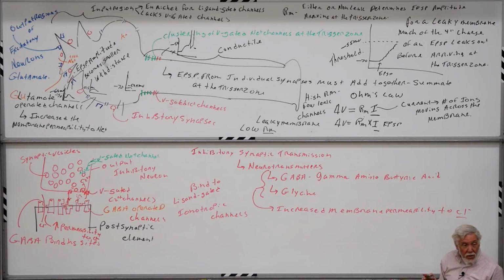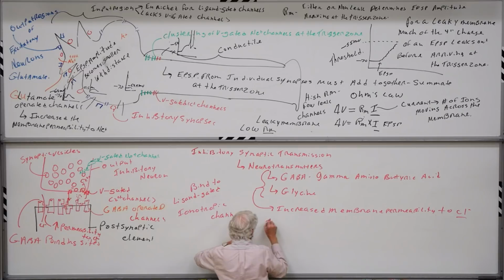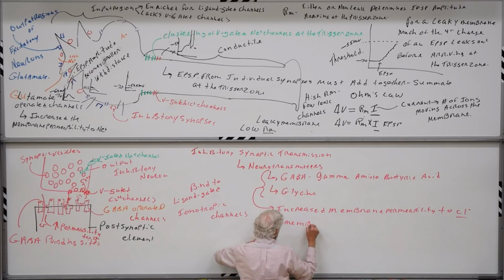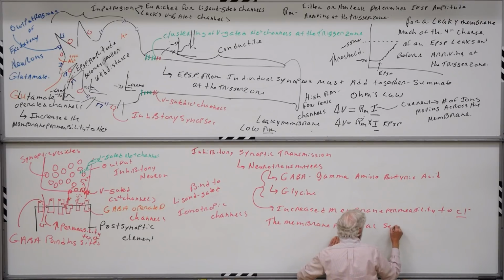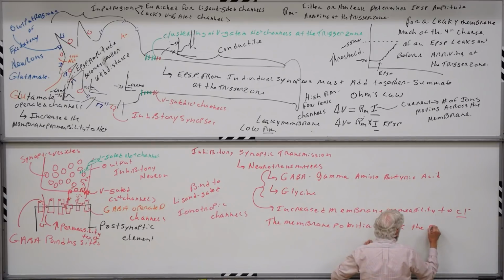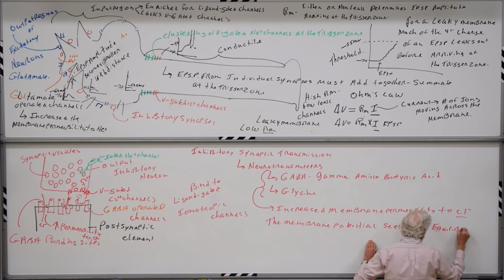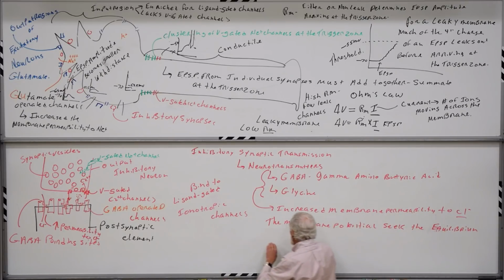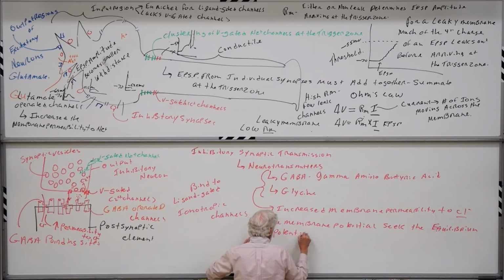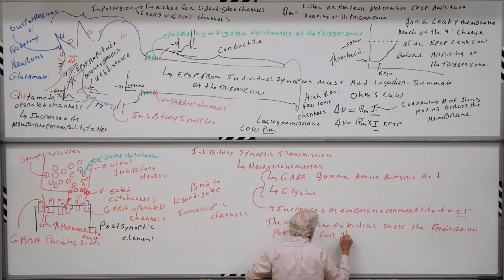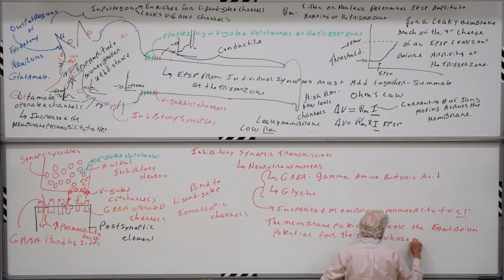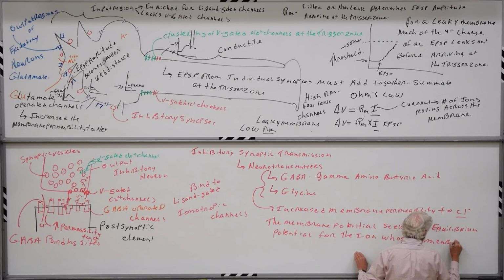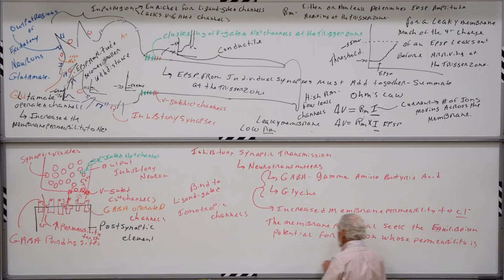Now we're back to the mantra. That is the membrane potential. The membrane potential seeks the equilibrium potential for the ion whose permeability is dominant.